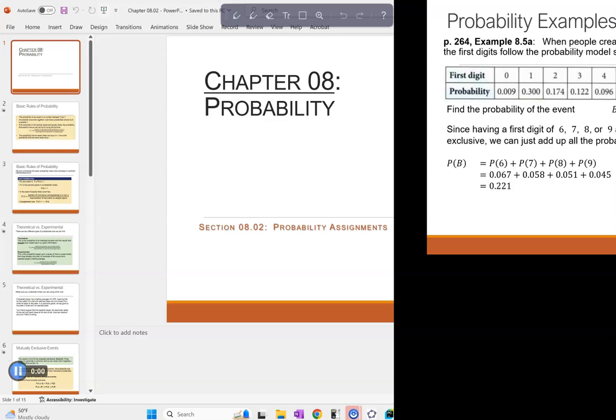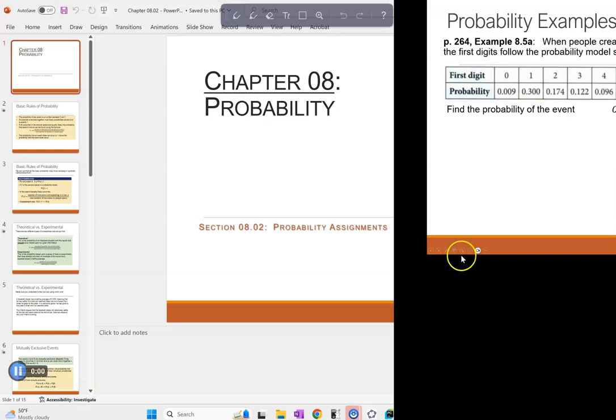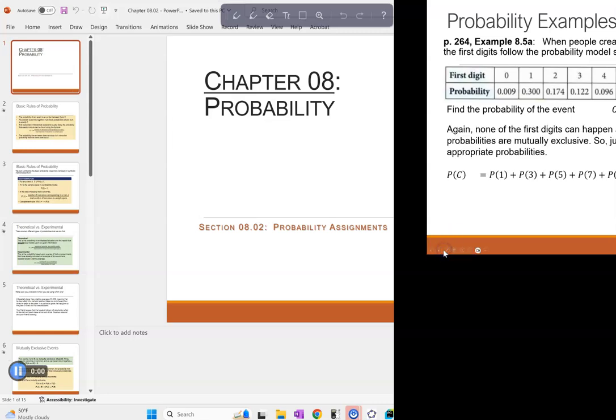And it's very important that you're being careful to think about whether these events are overlapping or disjoint. The probability the first digit is odd. So that would mean we could have 1 or 3 or 5 or 7 or 9. Again, all disjoint, we just add those probabilities. We get 0.603.